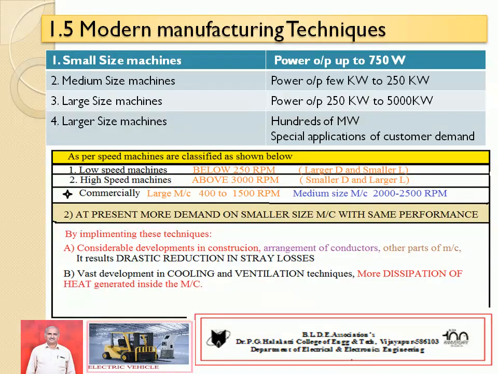Second, there is vast development in cooling and ventilation techniques. This allows more of the heat generated inside the machine to be expelled to the atmosphere. Then we can utilize these techniques to increase the rating of the machine.